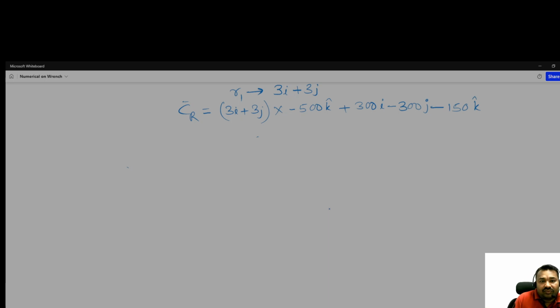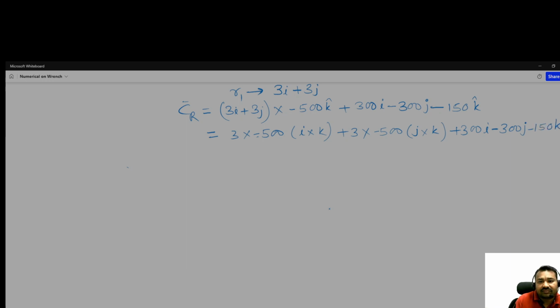So what we get from this: 3 is multiplied by minus 500, then I cross K, and 3 plus 3 is multiplied by minus 500, and J cross K. Then plus 300I minus 300J minus 150K.